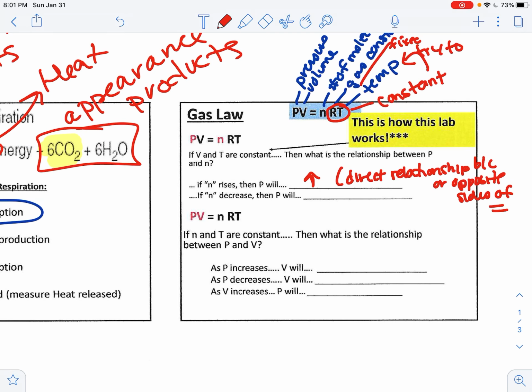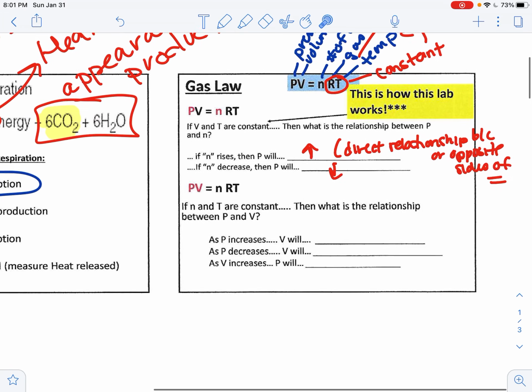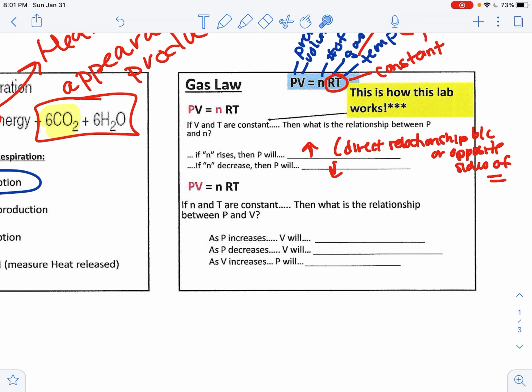You can't be changing everything at once, then it's a mess. Same concept, if N decreases, then P will decrease. If I have fewer molecules of a gas in a fixed volume, they will be under less pressure, assuming the temperature is constant.